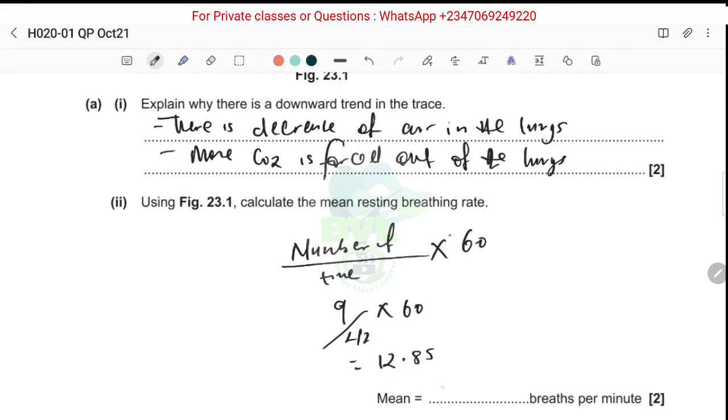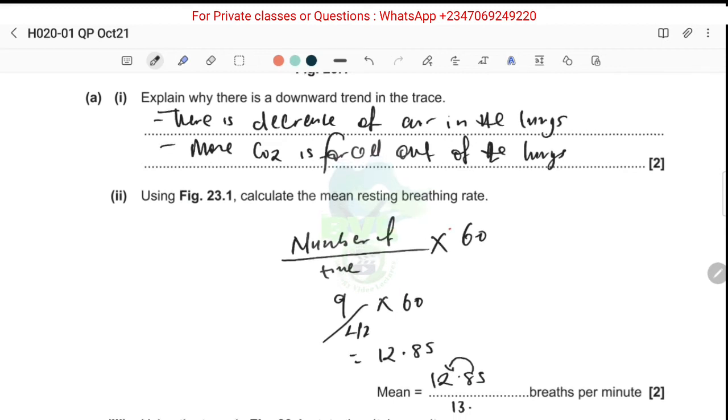So what we have is 12.85 breaths per minute. Sometimes you could approximate it to 13, but either way is correct. Either you approximate this or just keep it this way, 13 breaths per minute. Either of that is correct.